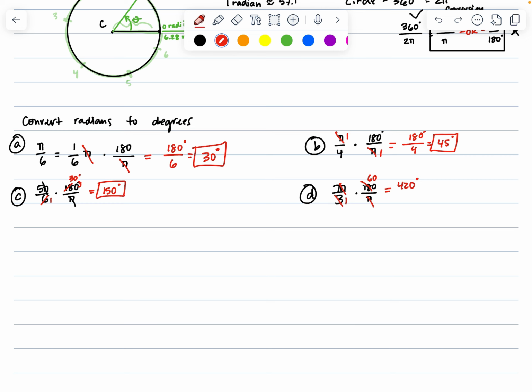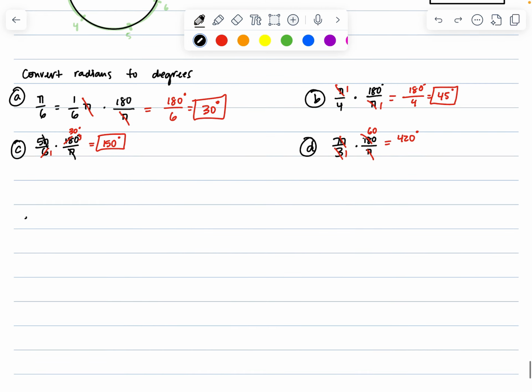So let's try converting the other way. Convert degrees to radians. Okay? If you note, this is always measured in terms of pi, just like our t values were.